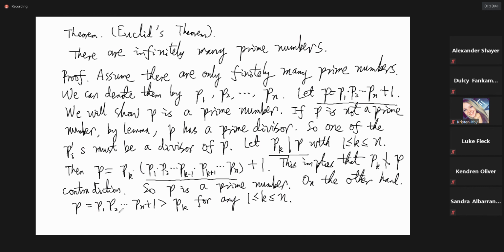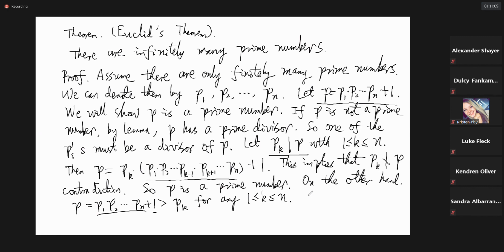Okay, the reason is because pk is one of the components in the product, but all other factors are greater than or equal to 1. So you can see this product part is already bigger than pk, but you still add a 1 here. So P is greater than pk for any k between 1 and n.